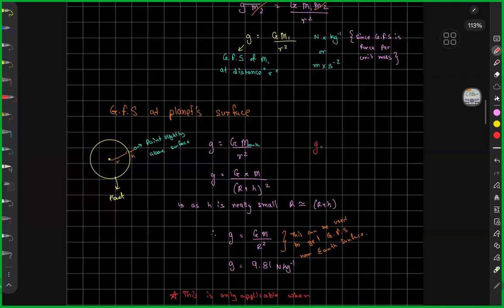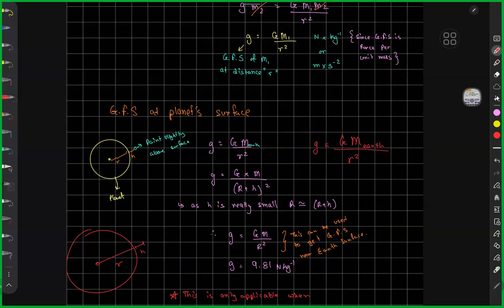If you are convinced by the fact that gravitational field strength g is given by G m by r squared, which I showed you the maths of, simple mass cancellation, nothing else, then let's find out the gravitational field strength h meters above Earth's surface. What is the gravitational field strength h meters away from Earth's surface? Let's find that out, okay?